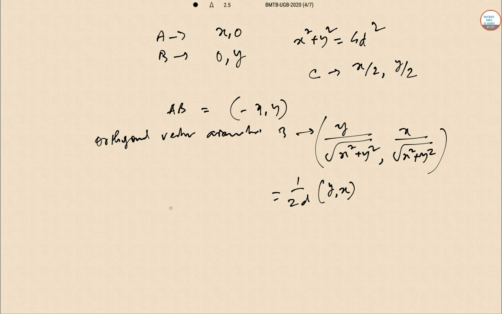In this case PC, and maybe this is E, will be equal to DE, that is equal to half of y comma x. Remember that, not x comma y.